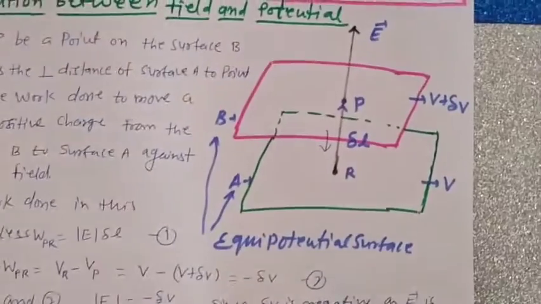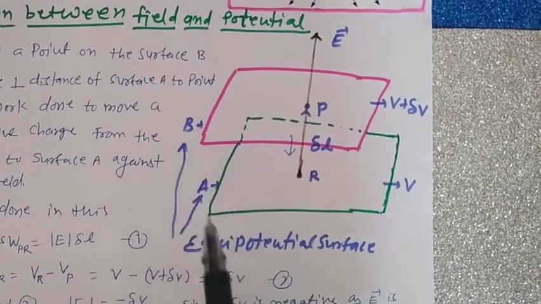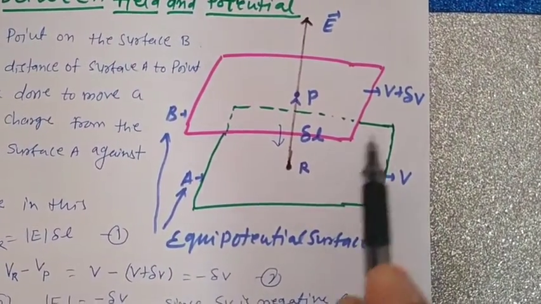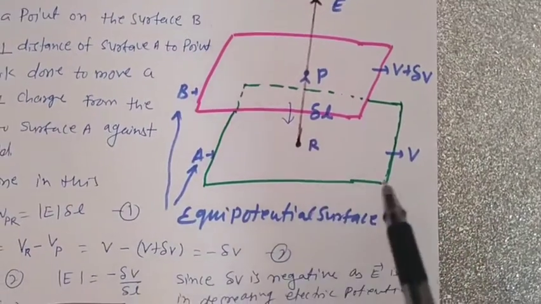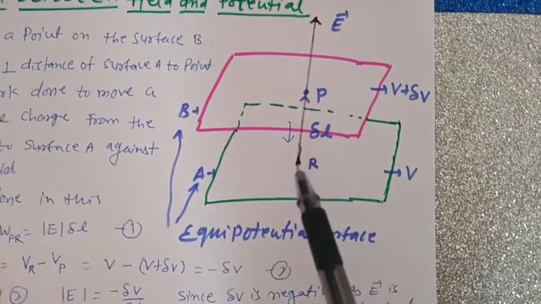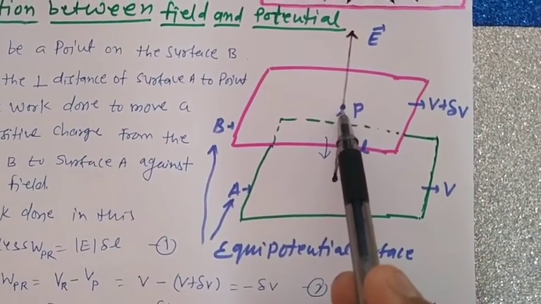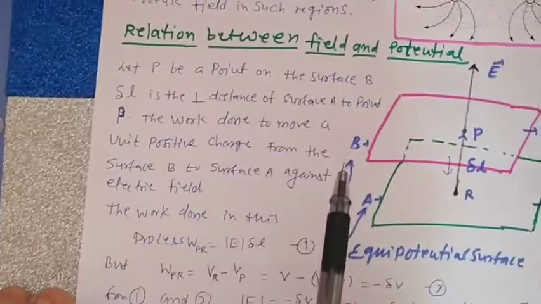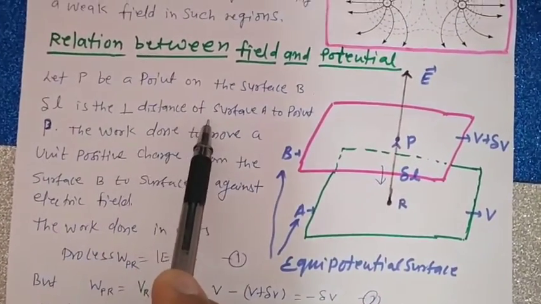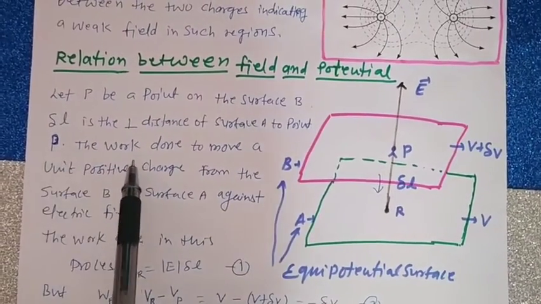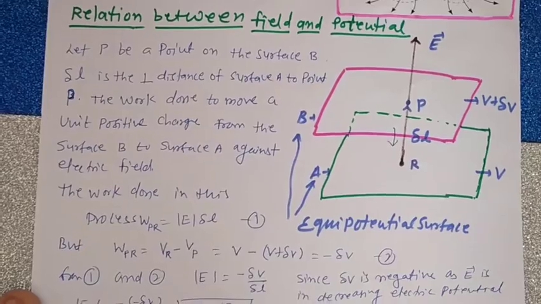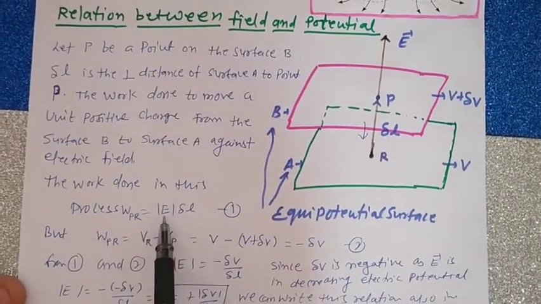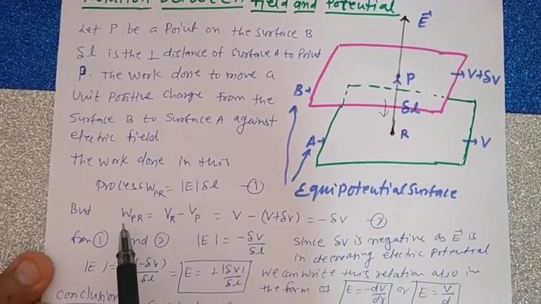Here we consider two equipotential surfaces A and B. The electric potential of surface A is V, and of B is V plus delta V. The electric field from A to B is in this direction, E. We consider a point P on equipotential surface B. Let P be a point on the surface B, and delta L is the perpendicular distance from surface A to point P. The work done to move a unit positive charge from surface B to surface A against the electric field, the work done in this process, W equals E delta L.